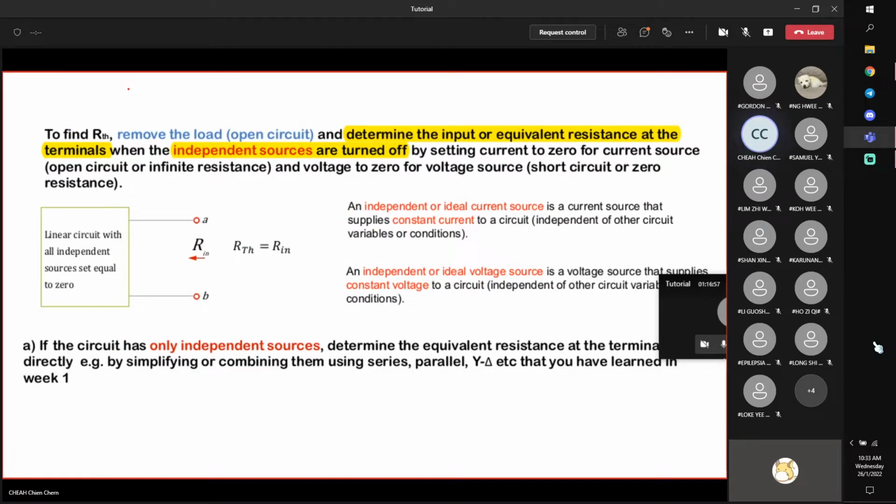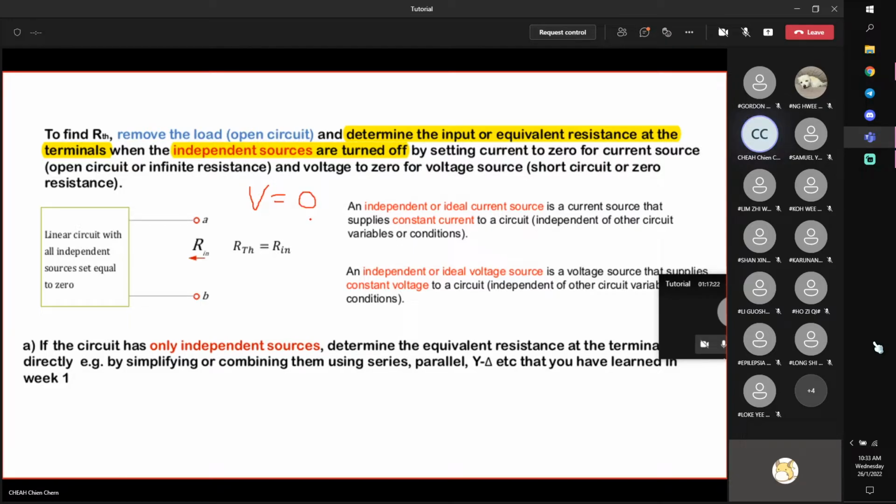Now, to find RTH, more steps are involved. It's also based on the circuit with the load removed. An additional step is required: set all the independent sources to 0. This is how I remember it. If it's a voltage source, I set it to 0, turn it off.